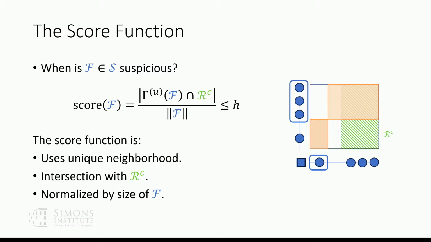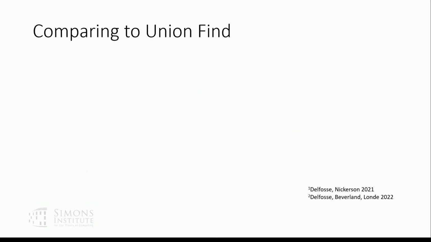So if they have intersection with R complement, they would more easily be suspicious. So in any case, this is a score function that we've used. And now I want to talk a little bit about, yes.